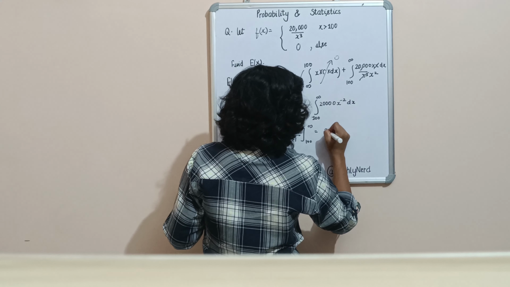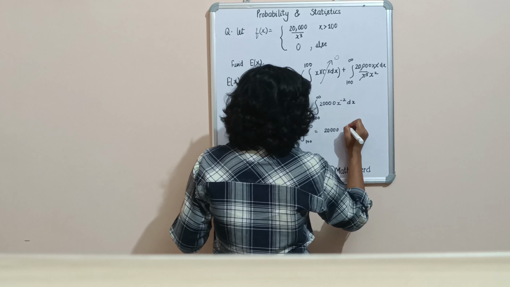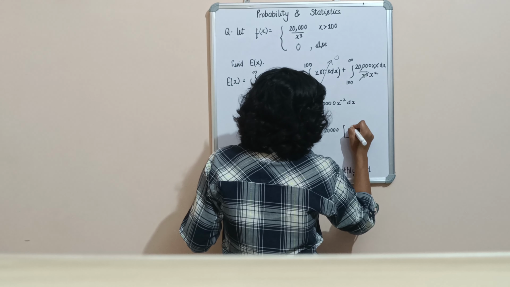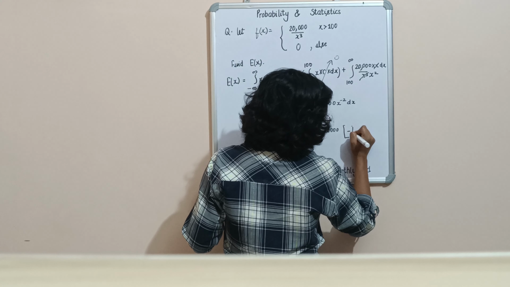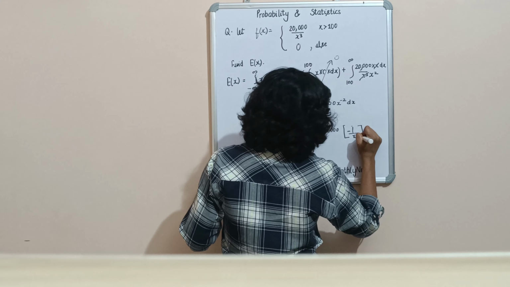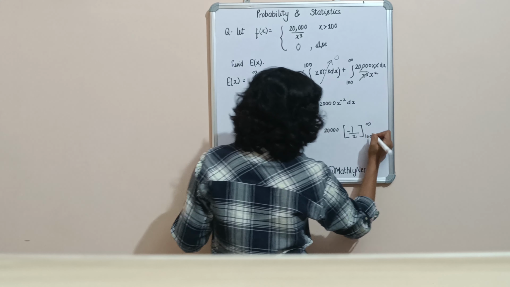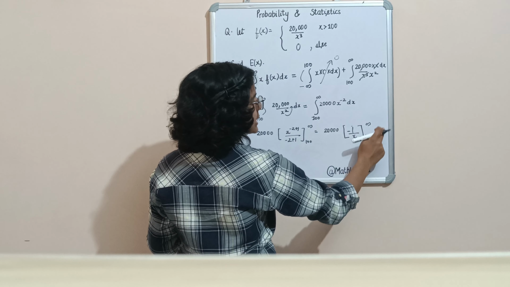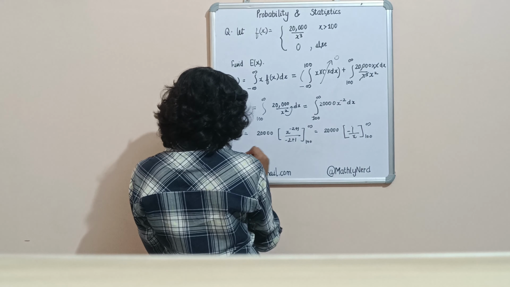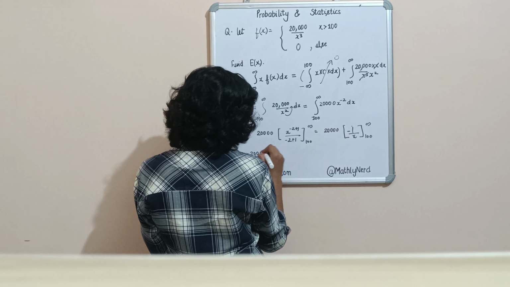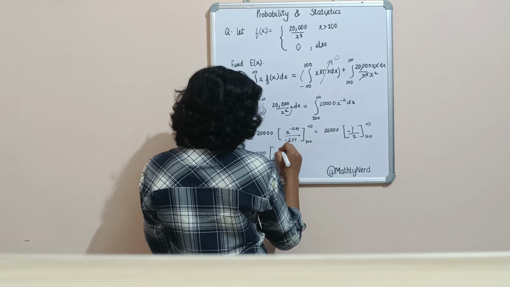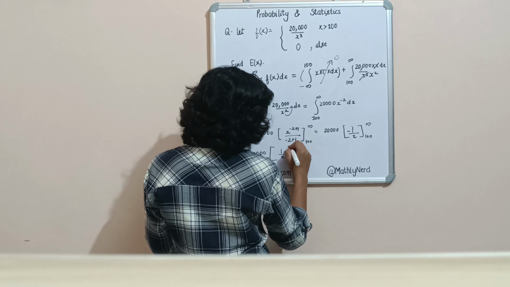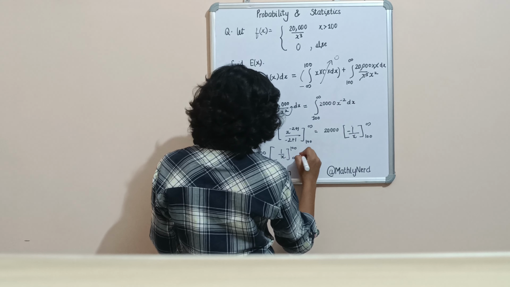So this is 20,000 times minus 1 by x, from 100 to infinity. To cancel out this minus, we will exchange the limits. So this will be 20,000 times 1 by x, from 100 to infinity.